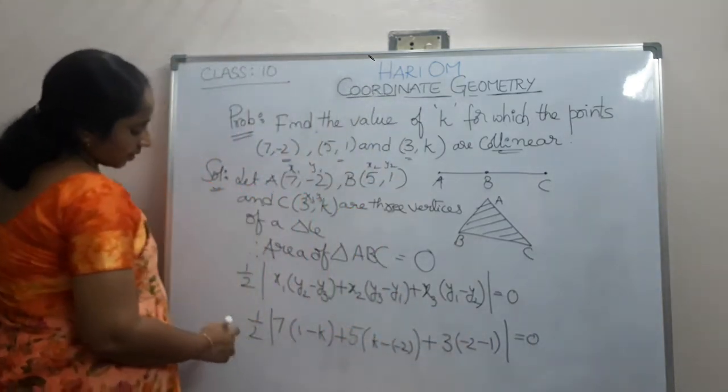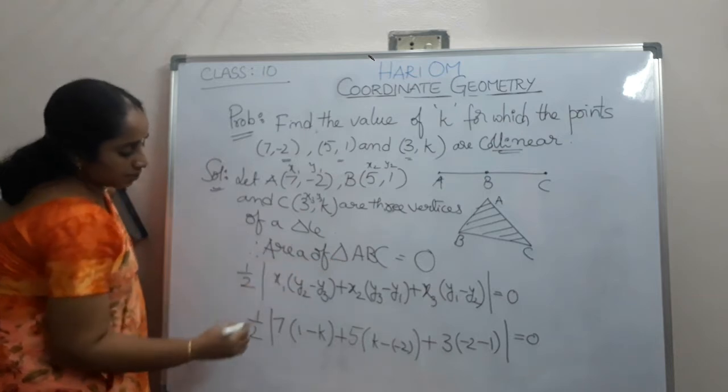Now take this 1 by 2 to that side, it becomes 0.